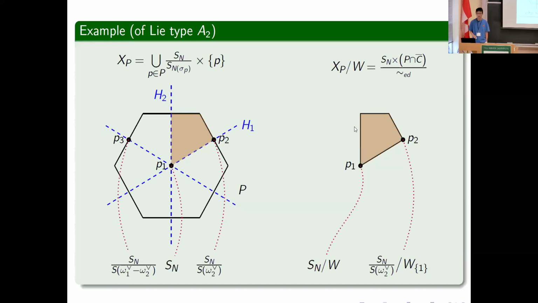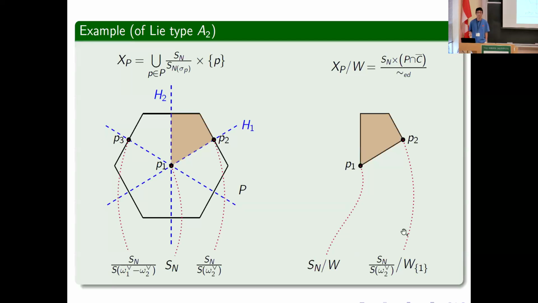In the Weyl polytope, p2 is fixed by the reflection of H1, which gives a group W1. But W1 has a non-trivial action on the torus at p2. So in the quotient, the torus at p2 should be the quotient of this torus mod the action of W1.